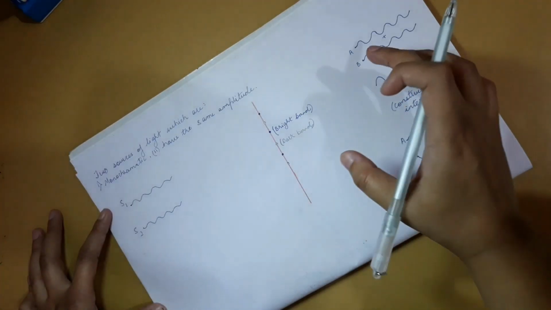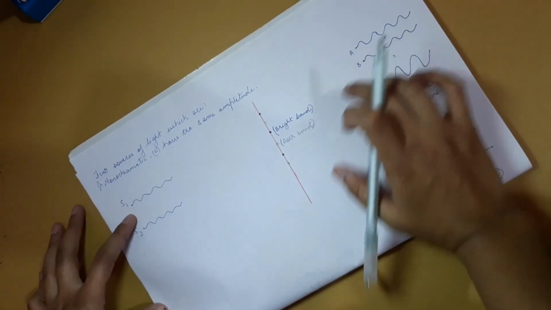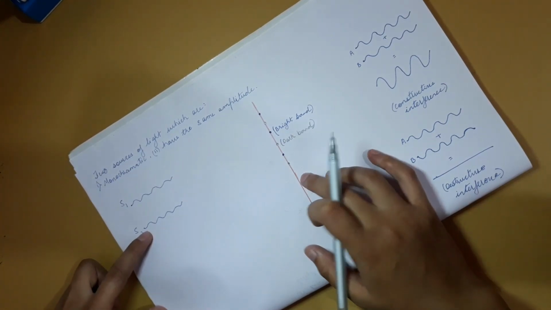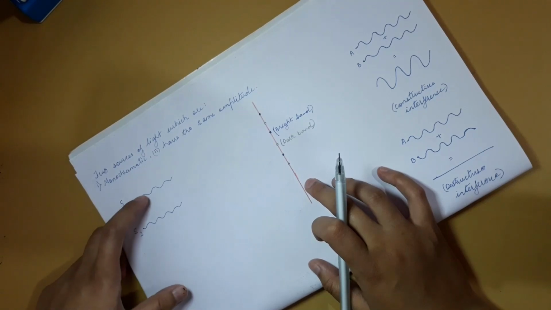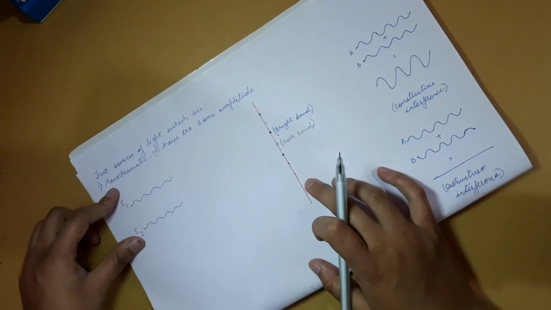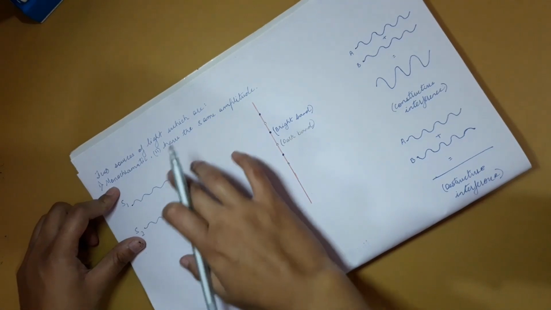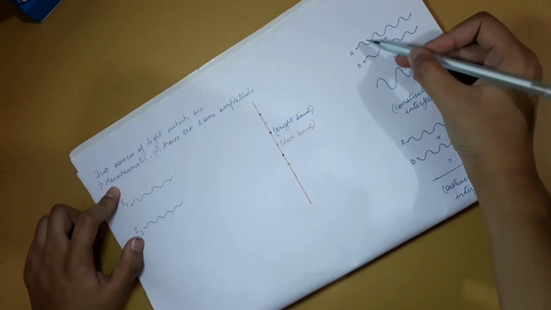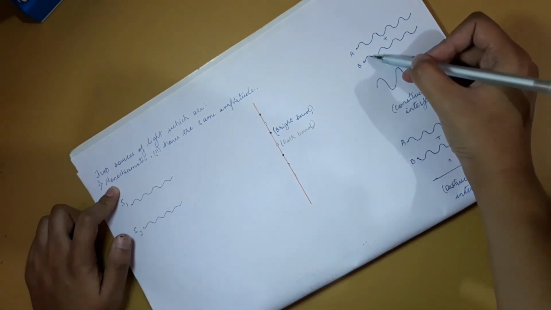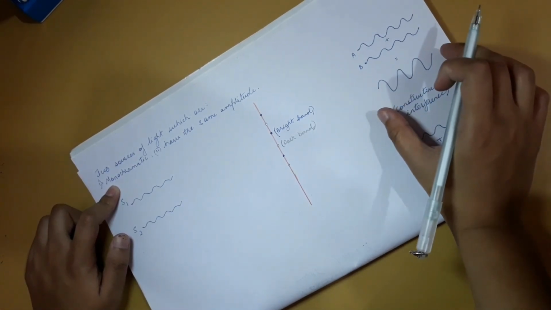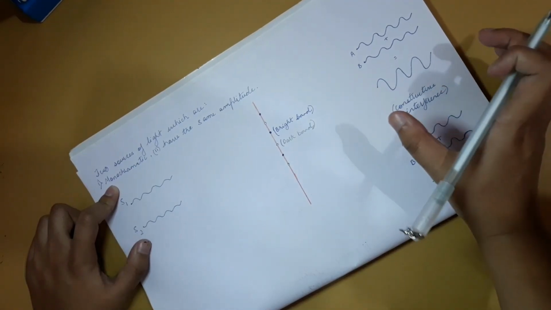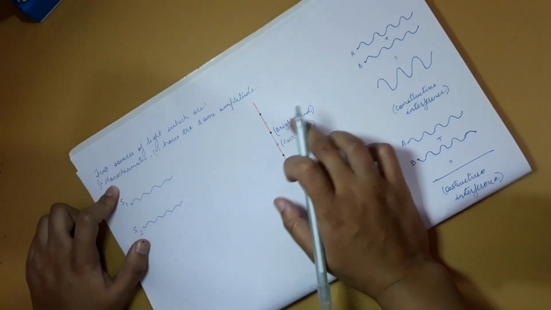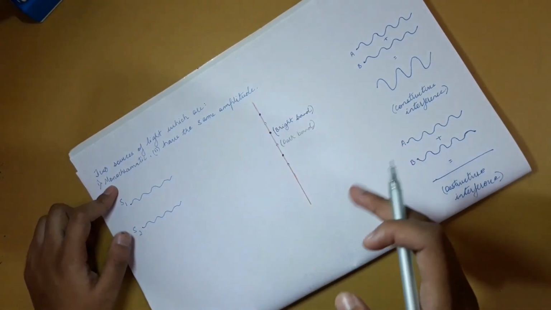Now, if the distance that wave A needs to cover in order to reach this screen is equal to the distance that wave B needs to cover to reach this screen, that is somewhere along the midpoint of the distance between the two sources, then they will be in phase. Like here, as explained earlier, the crest of A will fall on the crest of B, and in that case, the resultant wave is a bigger wave, that is constructive interference. So, in the screen, you will see a bright band or a bright fringe as we call it.